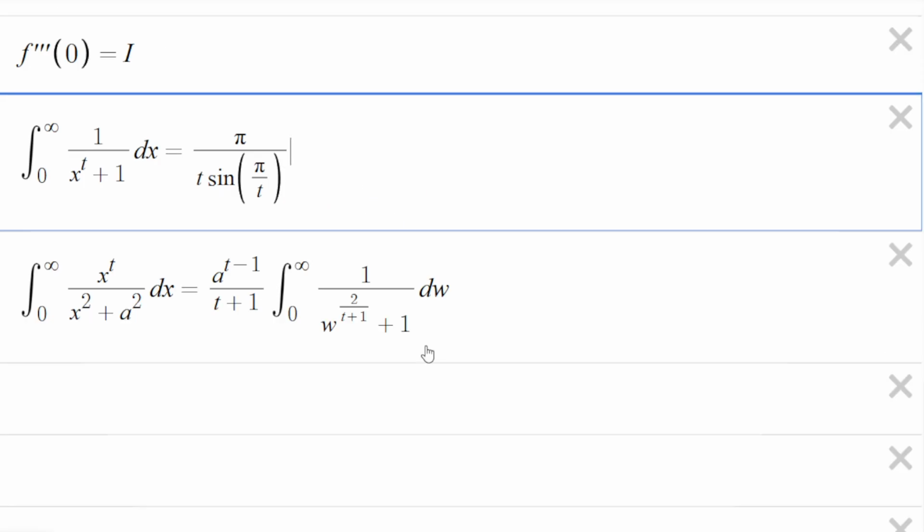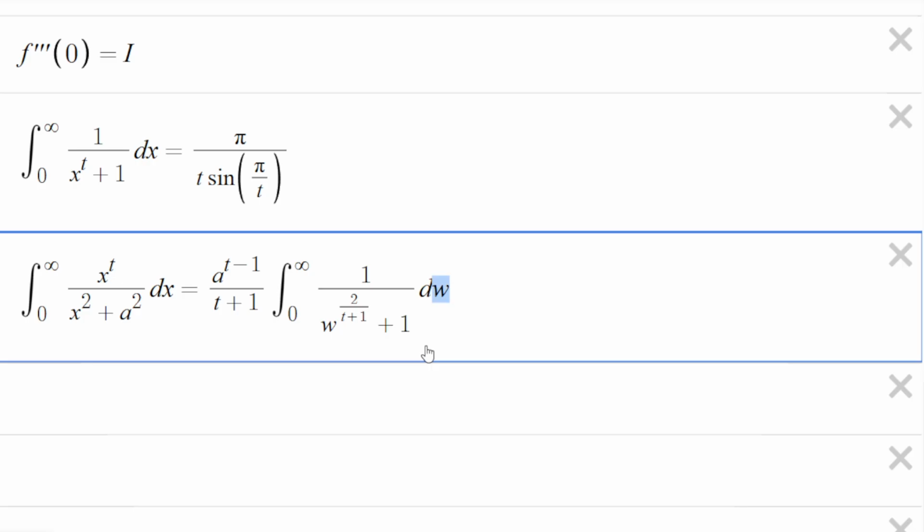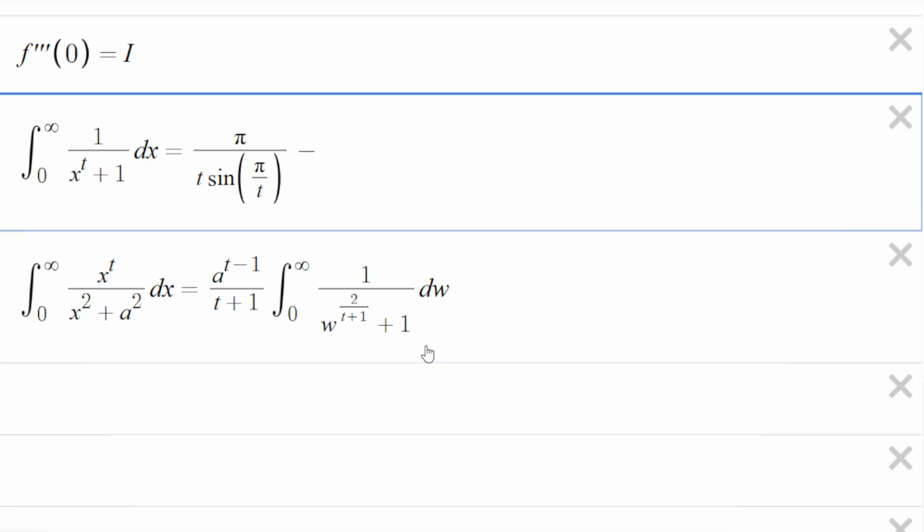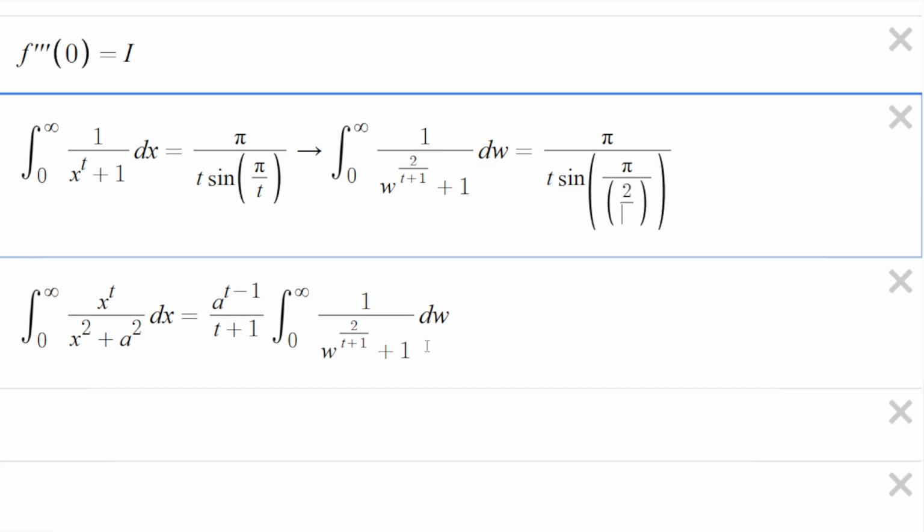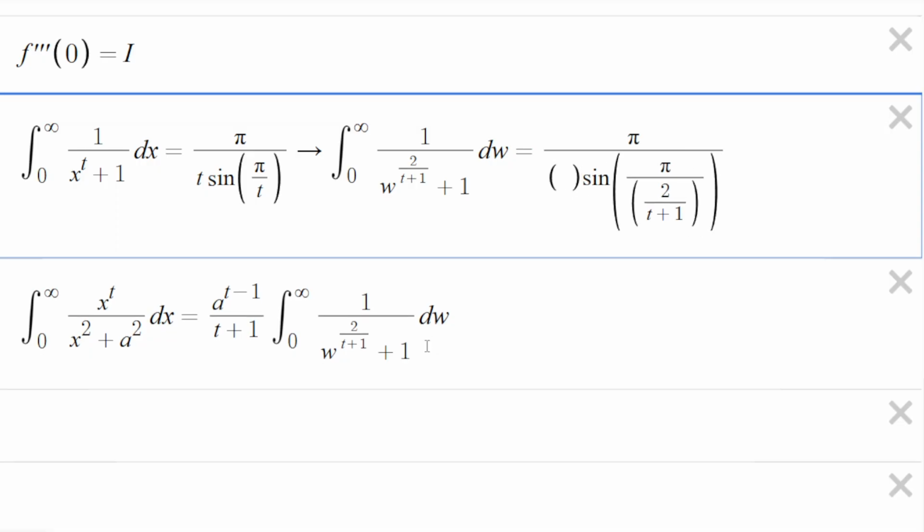And we can now use this formula because we have that exact form here. This implies that this is equal to this, where our new t is actually 2 over t plus 1. So 2 over t plus 1. And this is 2 over t plus 1.